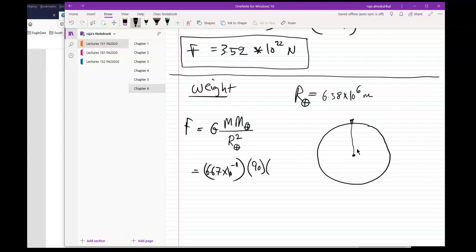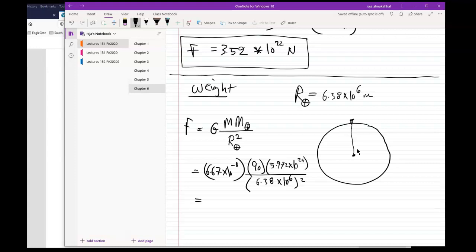Of course, the mass of the Earth, I just showed it to you, 5.972 times 10 to the power of 24, divided by the radius of the Earth, which is the number you see above, 6.38 times 10 to the 6. Let's calculate that. You can pause the video and calculate it. Oops, but squared, right? I forgot to square it.